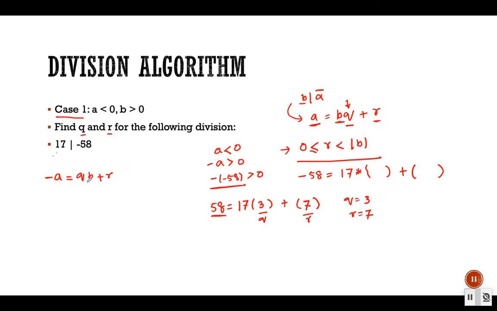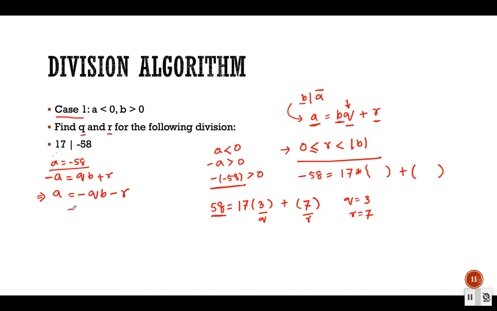Now let's find the q and r for a. A equals minus 58, so a will be minus q times b minus r. In that case our remainder would be minus 7. That's not what we want.